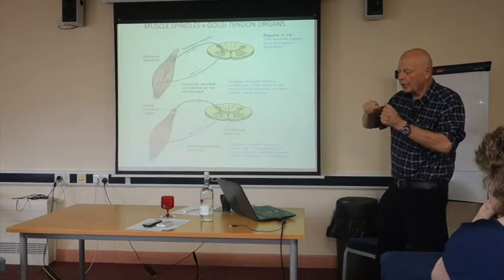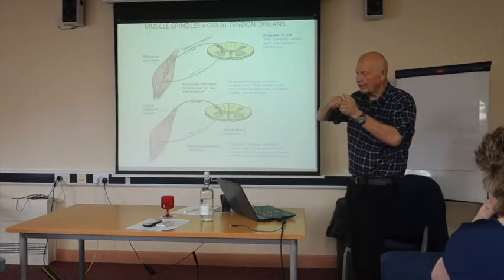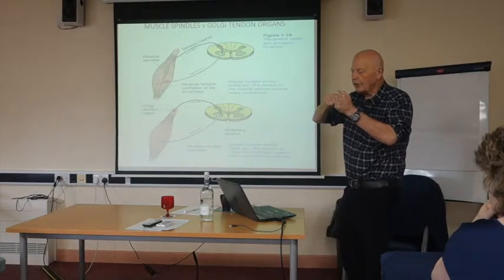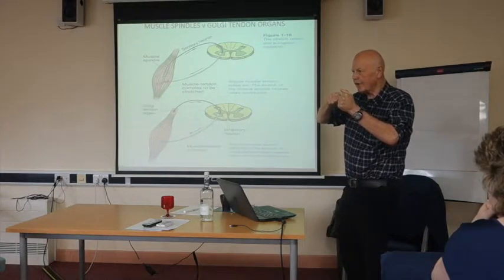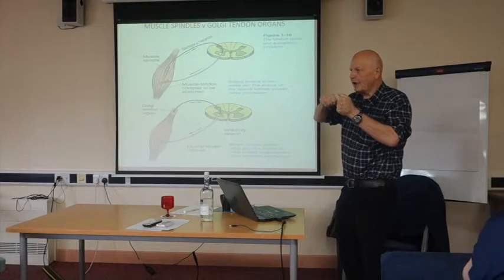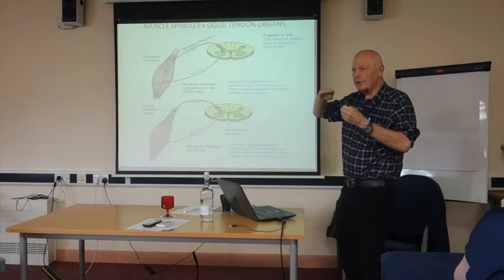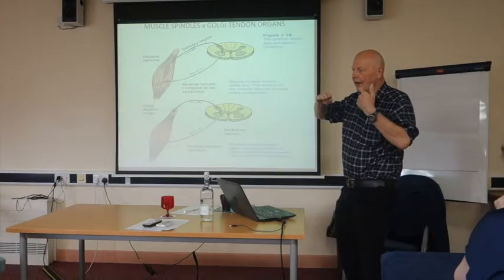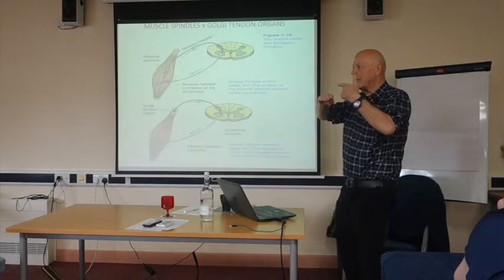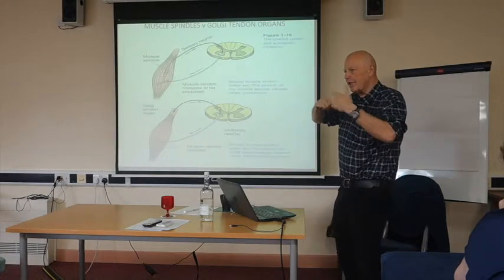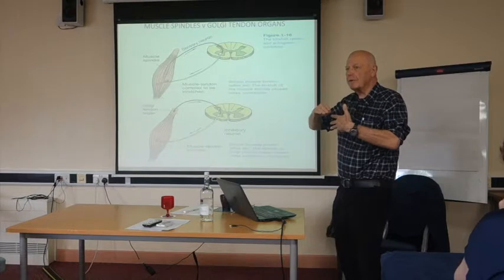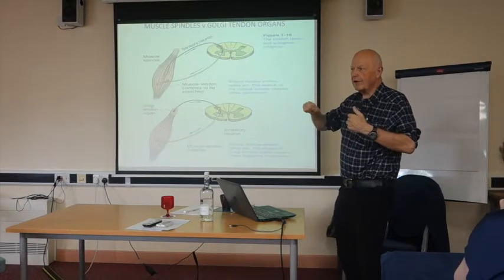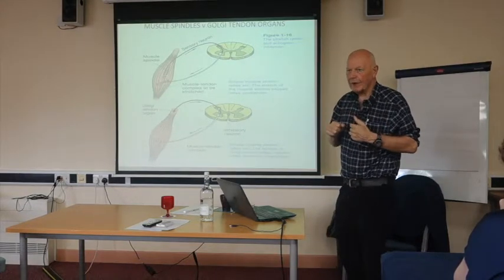So what the Golgi tendon organ is doing is monitoring the force that's trying to stretch that tendon. And if it approaches a critical level where the body thinks that the tendon's going to get damaged, then it will cut the power to the muscle. So it's like a kind of circuit breaker.